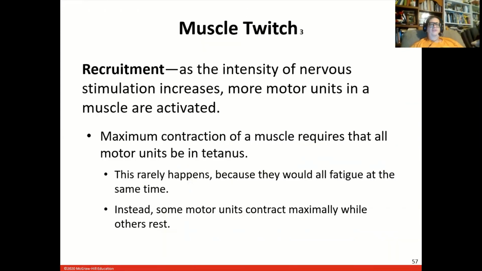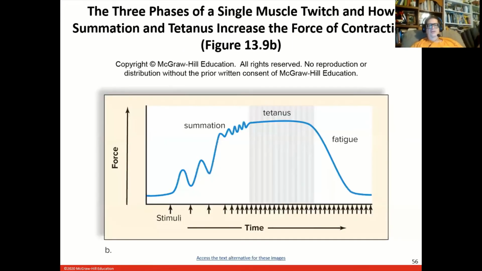Okay, recruitment. What recruitment is, you saw how the contractions here, we had a stimulus and it's starting to relax. And before it could relax, we had another stimulus and we got another contraction, but it was stronger than the first one. If you think about it, it makes sense. Say you have a muscle that's this long and it contracts, so it gets shorter and thicker.